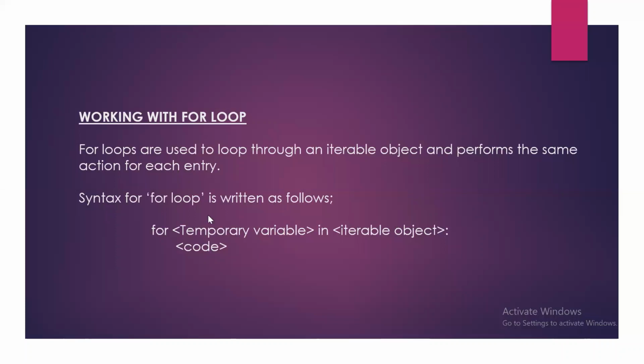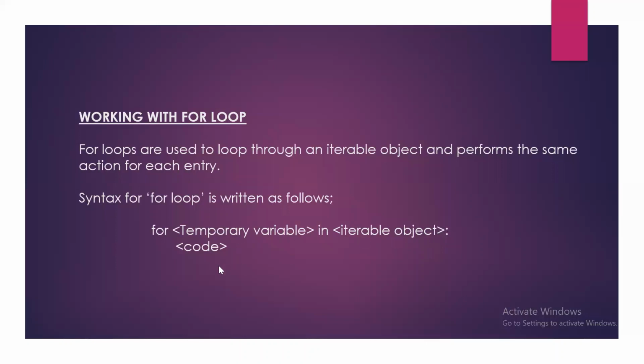The syntax of a for loop is written as follows. We write for, then we use a temporary variable which basically defines the specific item, element, or entry of that iterable object, and then we use the in statement and specify the iterable object in which we want to look for a specific item, entry, or element.